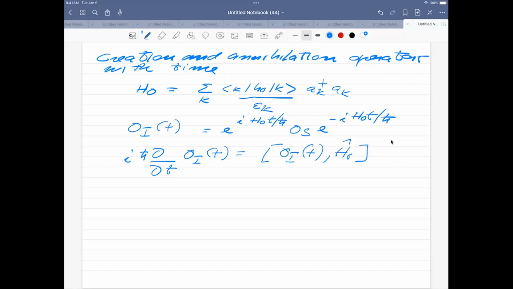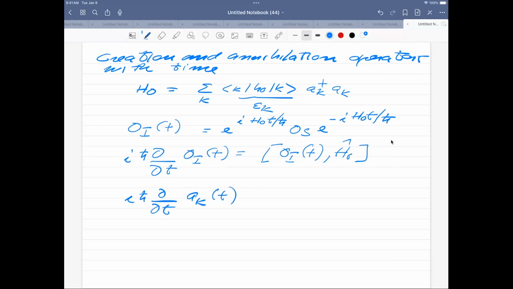If I took the Heisenberg picture, it was the full Hamiltonian. So if I use that one, what I can do now is to look at the time-dependent operator for a_k as a function of time t.